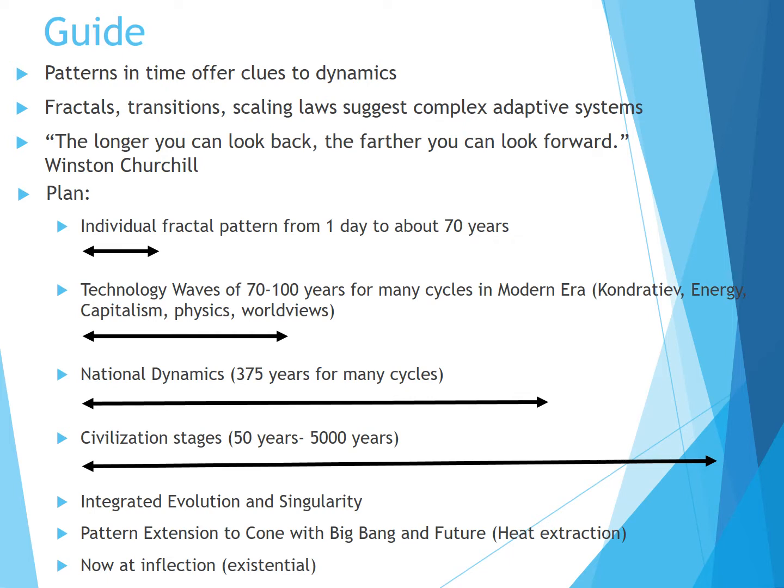And then we'll make that more generalized and look at integrated evolution. The further back we look, the better we can understand what's going on now, with a potential singularity where things are speeding up. Then we'll look at a pattern extension with a cone, so we know what happened in the past and what would happen potentially if that pattern continued in a certain way.